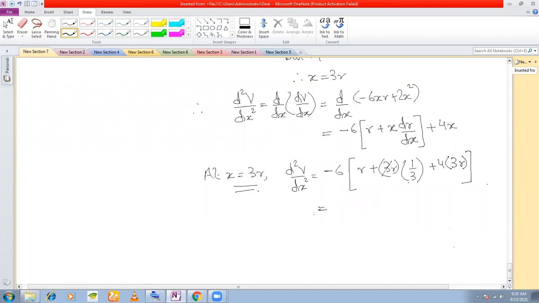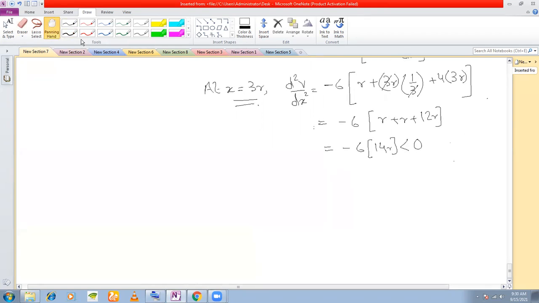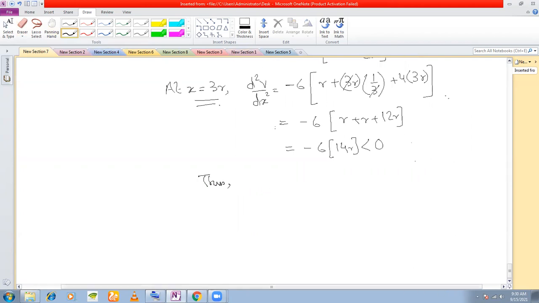So now this and this will cancel. So you're going to get minus 6 and you have r plus 12r, which is equal to minus 6 into 14r, which is obviously less than 0. Thus V has a, you can write it here, just to state the point.